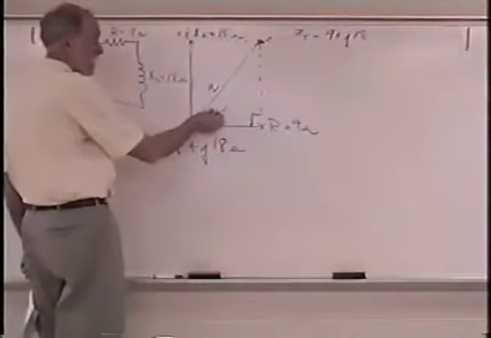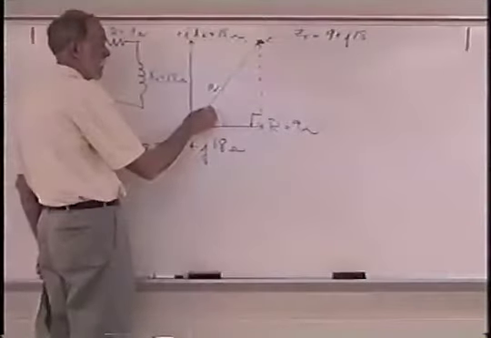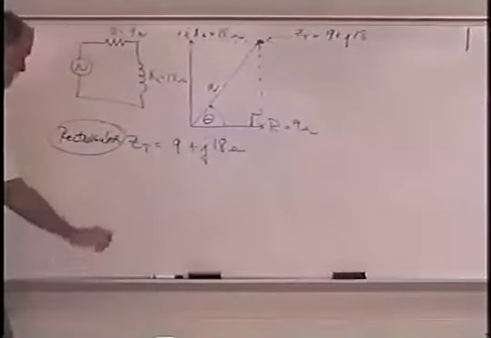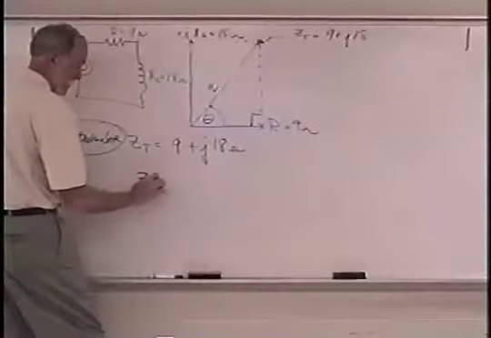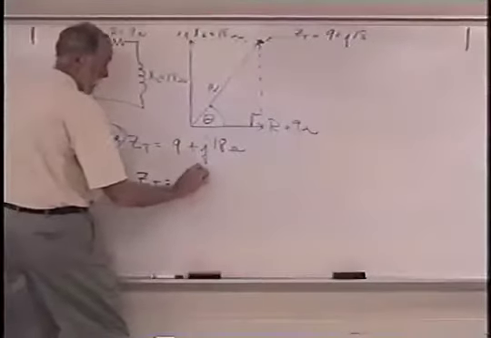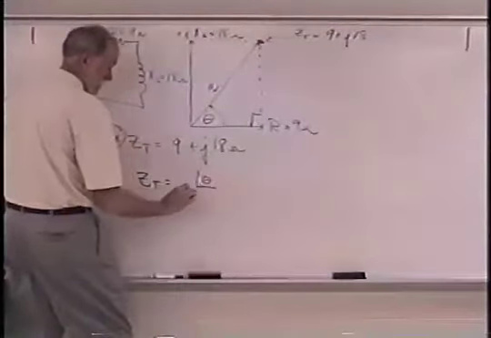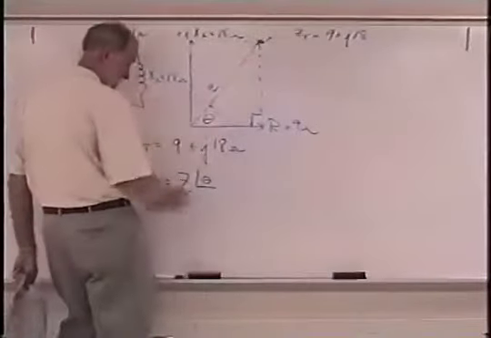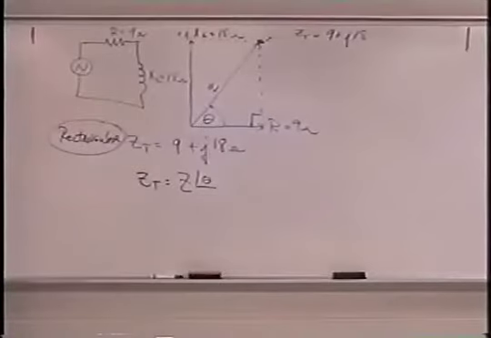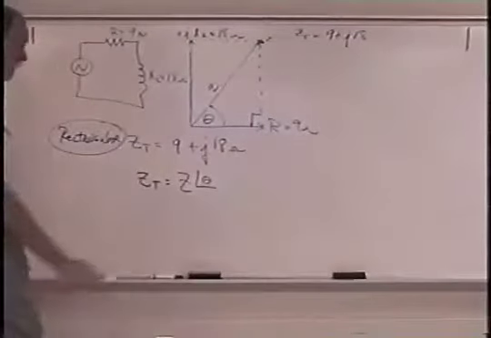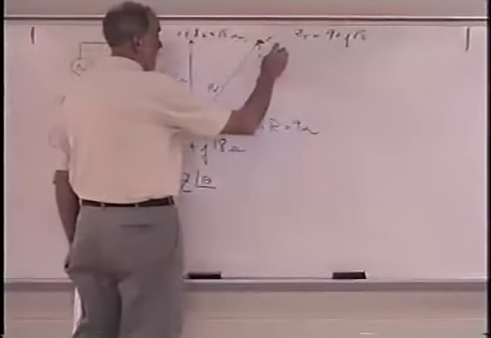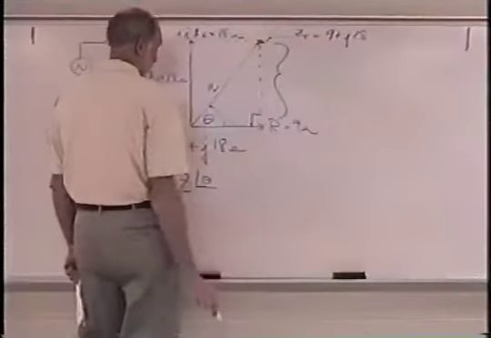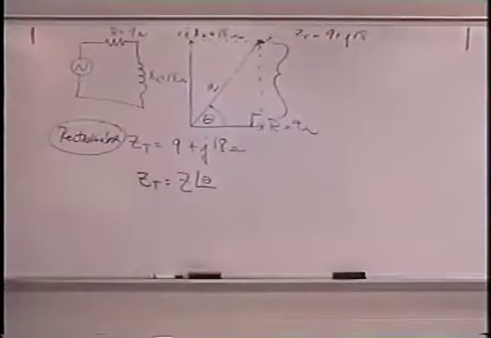I'm going to have a positive rotation of some number of degrees, and when I write this out in polar form, that's what's going to go right here. And my impedance, the length of that vector, is what's going to go right there. So now look, I can find the magnitude quite easily, can't I?